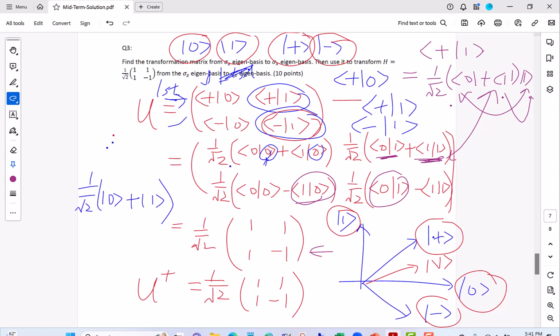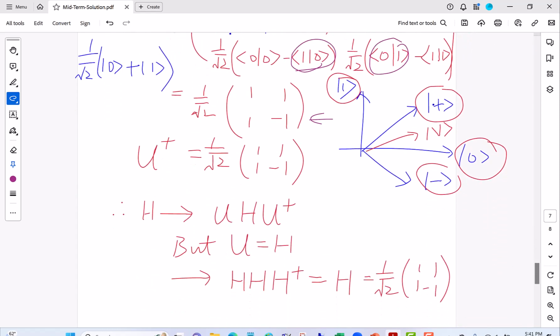And then I ask you, now transform this given matrix from sigma C to sigma X. This matrix is written using the sigma C eigenbasis, which is the Hadamard gate. So how do you transform it? If you remember, the equation is that we transform any matrix to a new basis: you just apply the transformation matrix on the left and its adjoint on the right to that matrix.